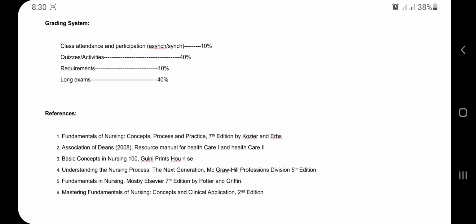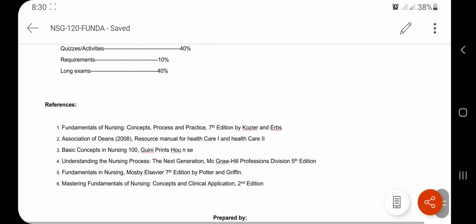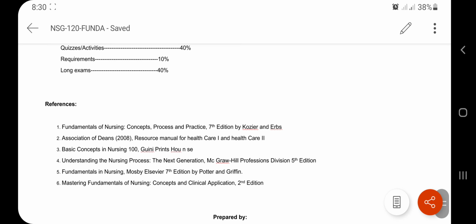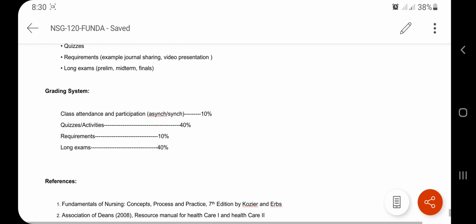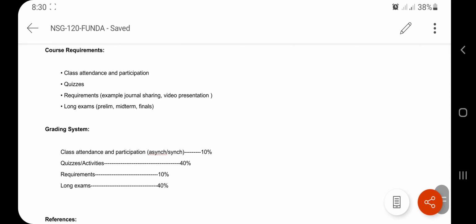So I think that's all for the orientation of this course outline for our NSG 120 Fundamentals. Okay? Remember that you need to complete all the course requirements I mentioned in order to pass.